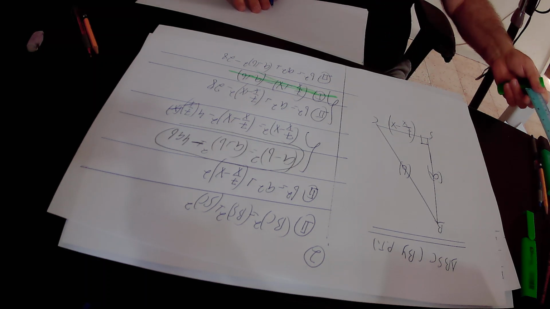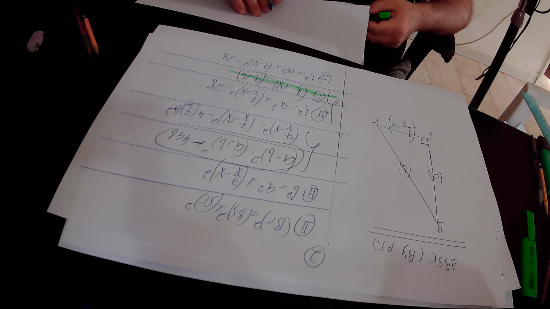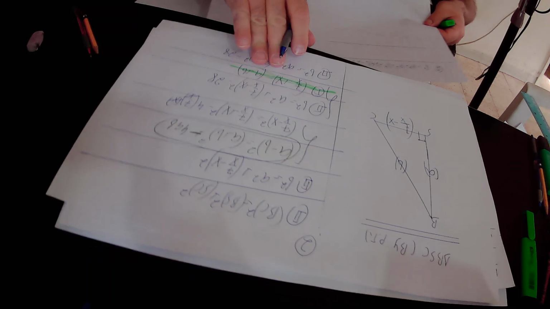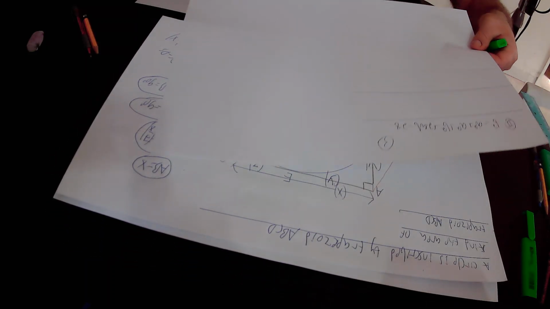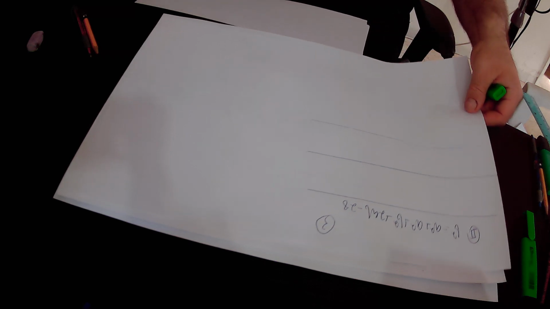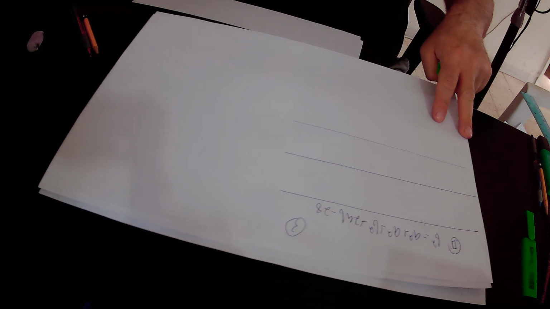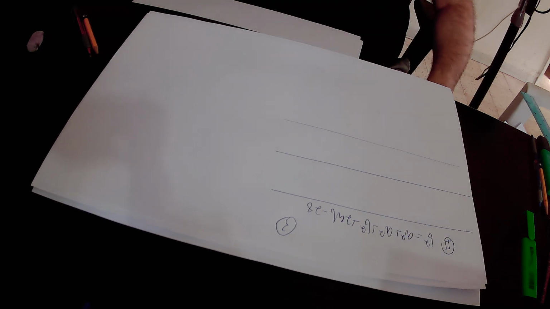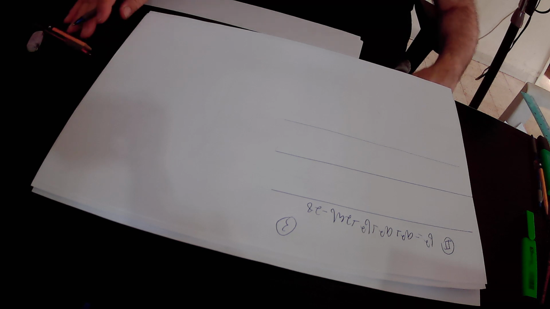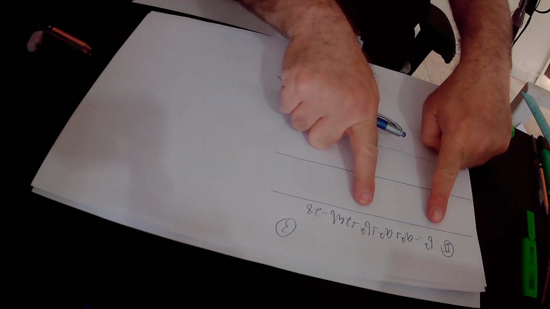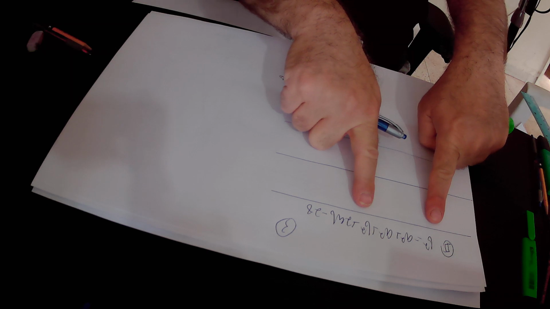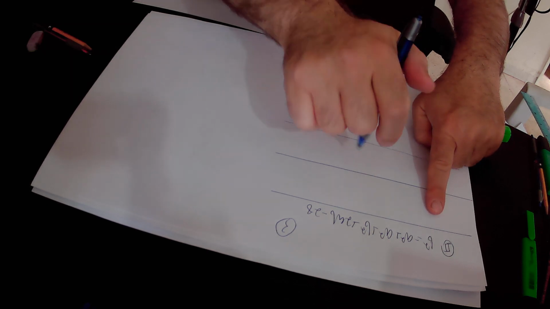So we found out that according to equation 2, B squared equals A squared plus B squared plus 2 times AB minus 28. So here we have B squared on both sides of this equation. So B squared will get cancelled.